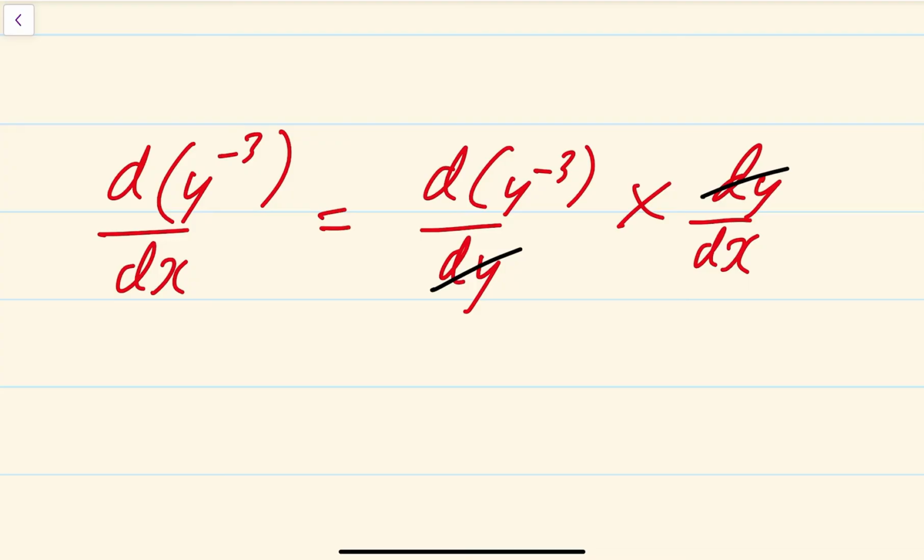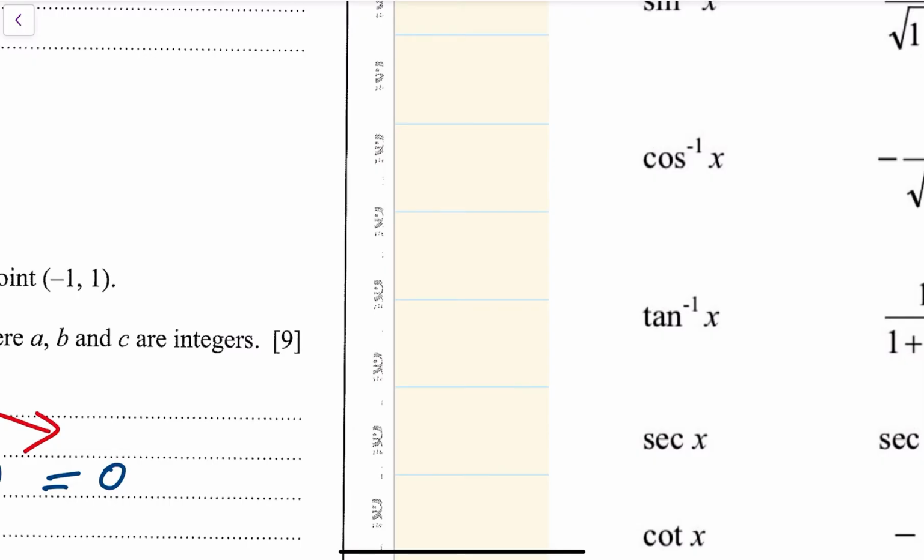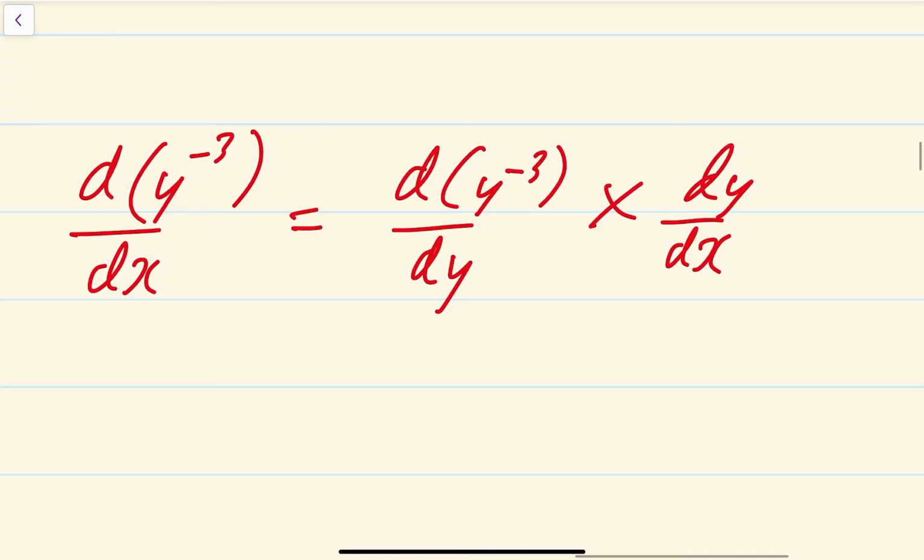So if you were to differentiate this with respect to y, you would get minus 3y to the minus 4 and then just dy by dx. The really basic way of doing it: if you're differentiating something in terms of y with respect to x, differentiate with respect to y and then just slap dy by dx on the end of it.